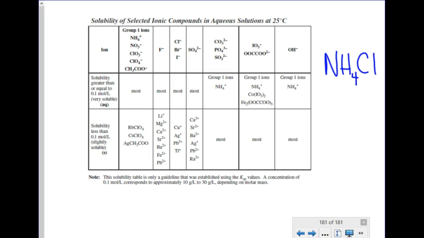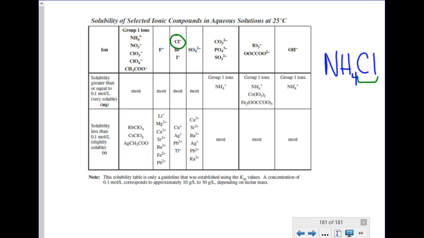Next thing you have to do is look up the anion on the table. Ammonium chloride ends in Cl. So you look across the table. Here is Cl. You come down. You've got a most category here.